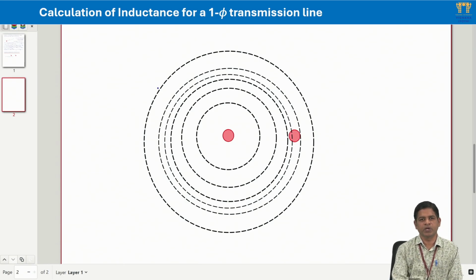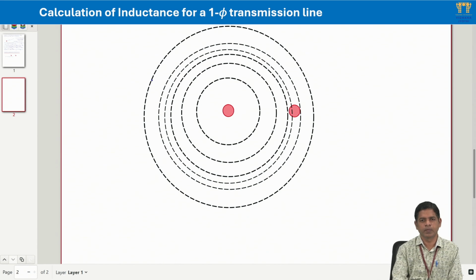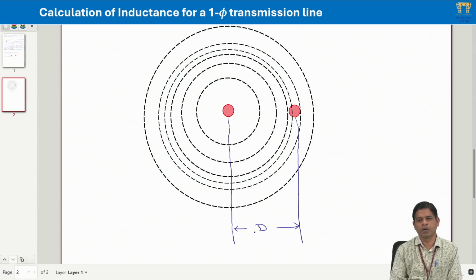So let the distance between the first conductor center and the second conductor center be some capital D. That is, the distance of separation between the conductors be some capital D. Since conductor 2 is having radius R2, from the center of conductor 1 to the surface of conductor 2 will be D minus R2.